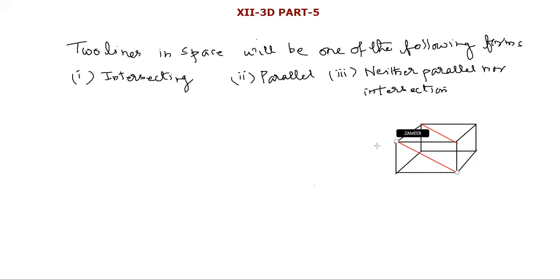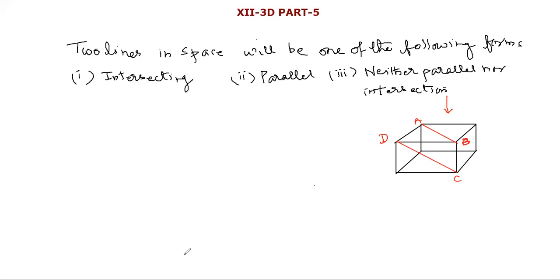So they are neither intersecting nor parallel. Just consider your room. On the roof there is a line passing through two corners, and another line is passing along the left side wall. These two lines will never intersect each other and they are not parallel.